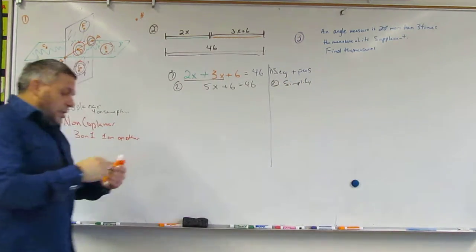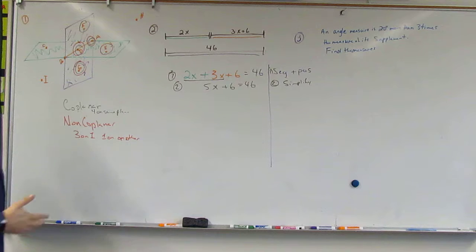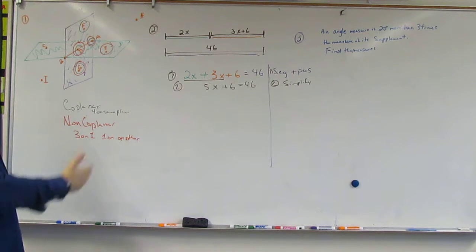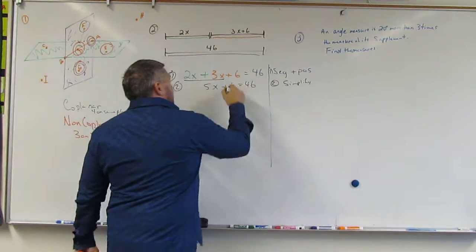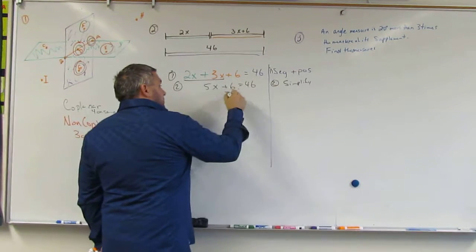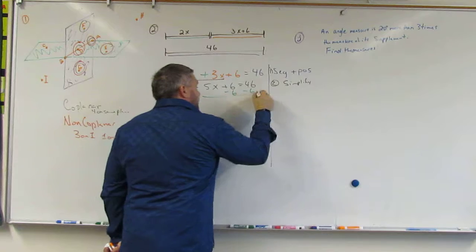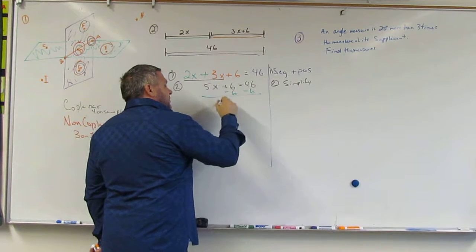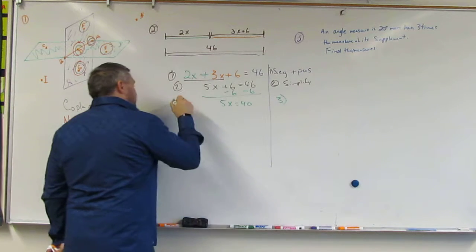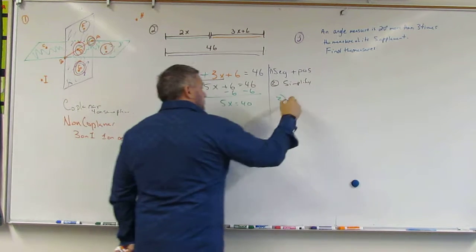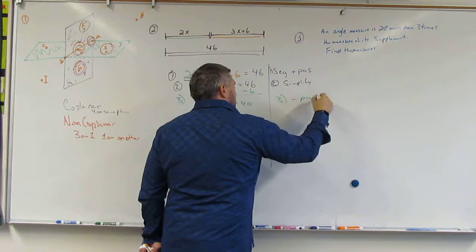Okay? Now we do our algebra, our SAD math. Subtraction addition first, right? Okay? So, subtract 6, since I do it to both sides, what is that called? Subtraction property of equality. Okay?